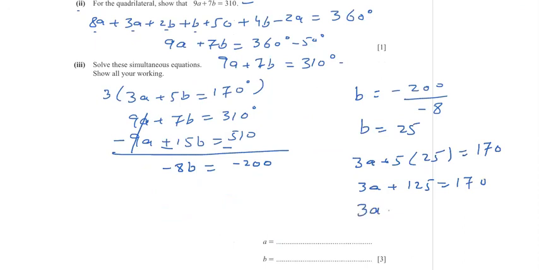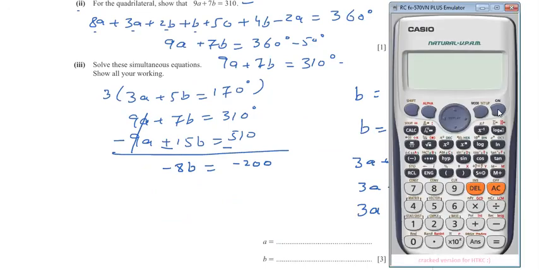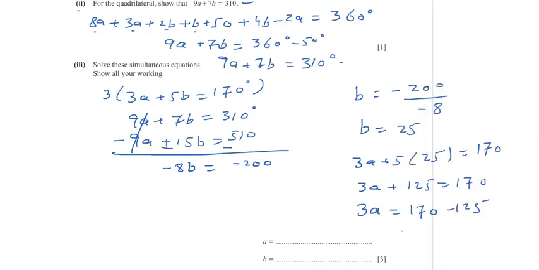So 3a will be equal to 170 minus 125, which is 45. Then a will be equal to 45 over 3, which is 15. So a is equal to 15 and b is equal to 25. That is our solution for these simultaneous equations.